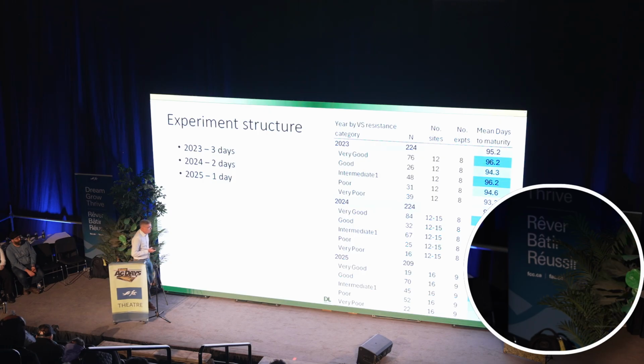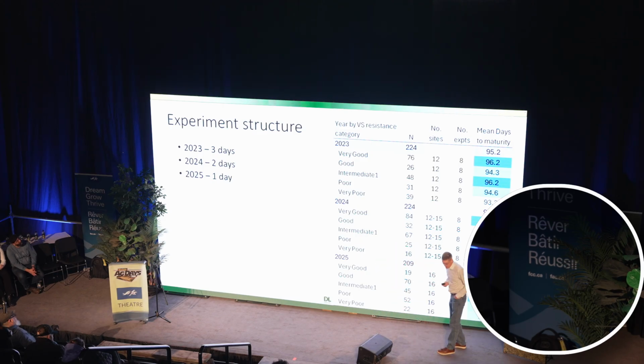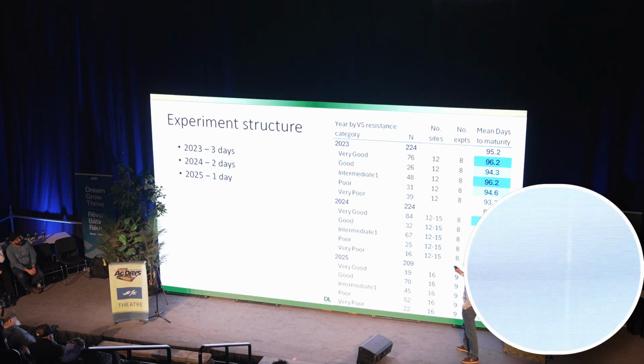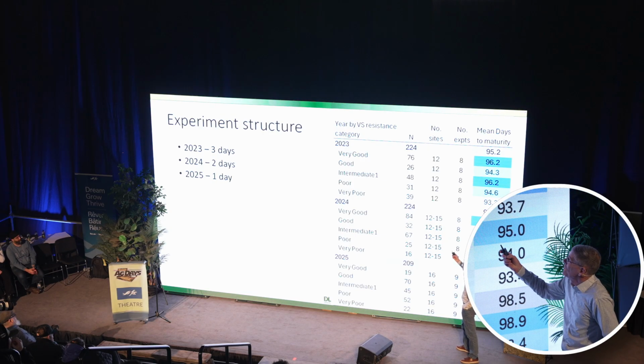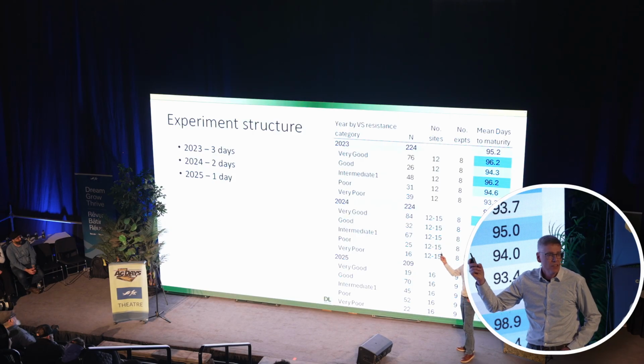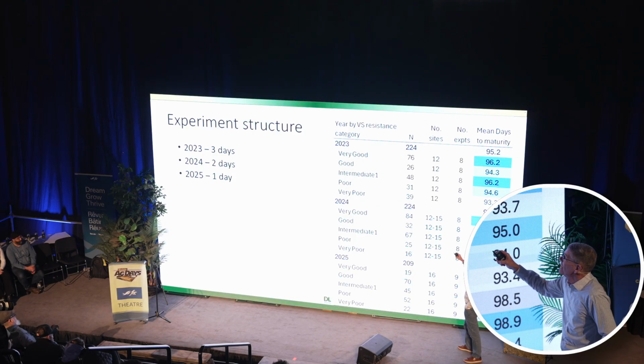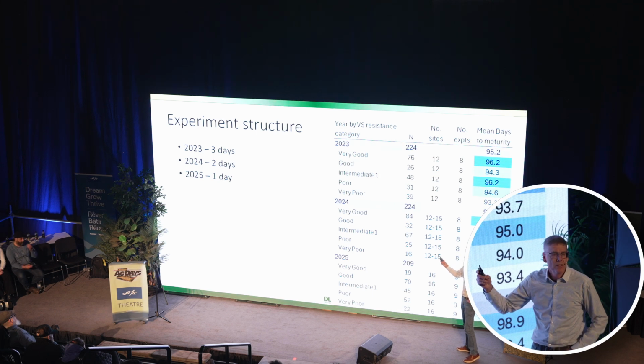So this describes the data that goes into what I'll be talking about. I've got just this slide, and the fun slide is the next one. But you have, in 2023, for example, we had 224 hybrids, and they were all rated for their reaction to verticillium stripe. And then you group all the hybrids based on their common disease.